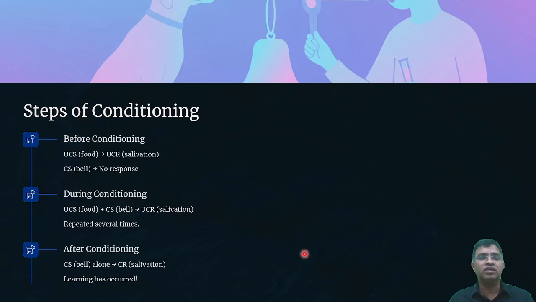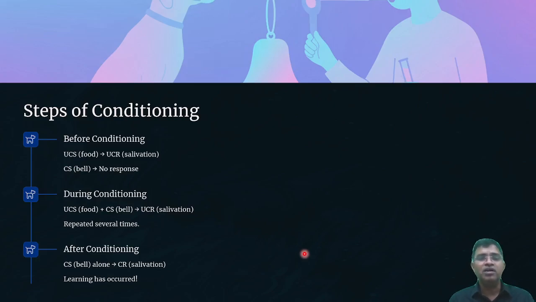So during conditioning, UCS, that is food, plus conditioned stimulus CS, that is bell, equals UCR, salivation. So unconditioned stimulus, food, plus conditioned stimulus, bell, gives salivation.